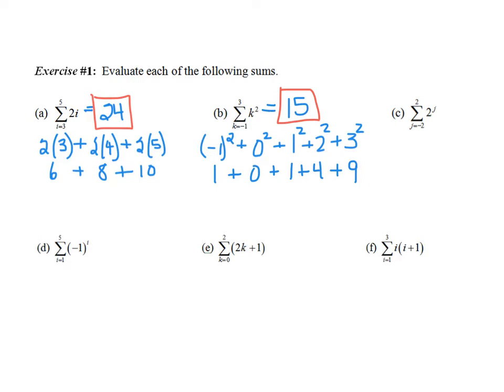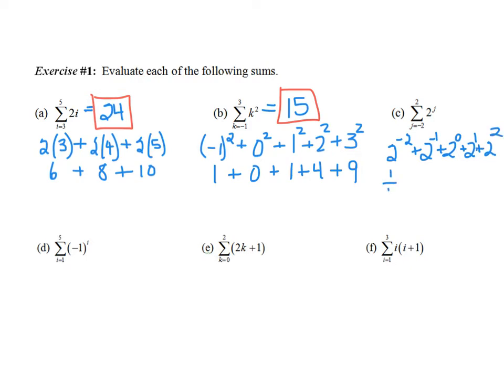Let's try C. This time my index is J. J is starting at -2 and going to 2. So the function says to use J as my exponent. So we'll have 2 to the -2 plus 2 to the -1 plus 2 to the 0 plus 2 to the 1 plus 2 to the 2.